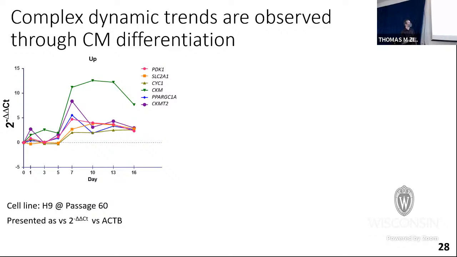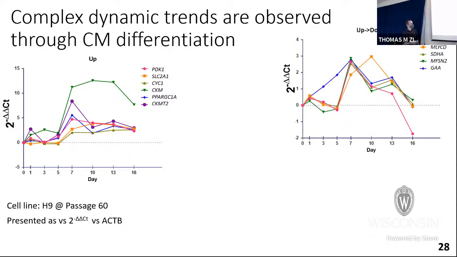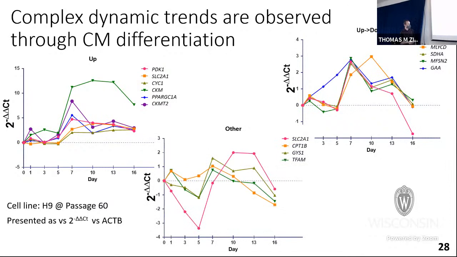We see there's a number of these that abruptly turn on at this early phase in the differentiation, or midway through the differentiation. We see some other ones that show other interesting dynamic trends, where they tend to turn on at this same stage in the differentiation, but then start to trail off as they finish their differentiation into cardiomyocytes. And then other ones that express much more dynamic trends.